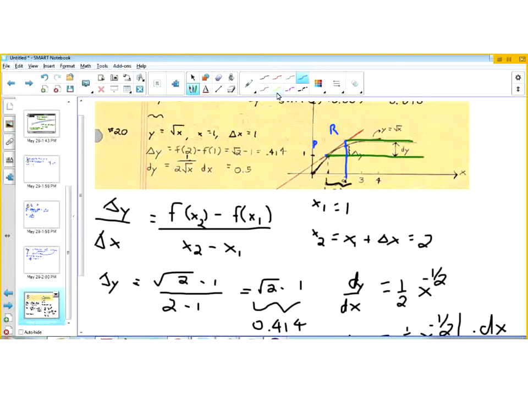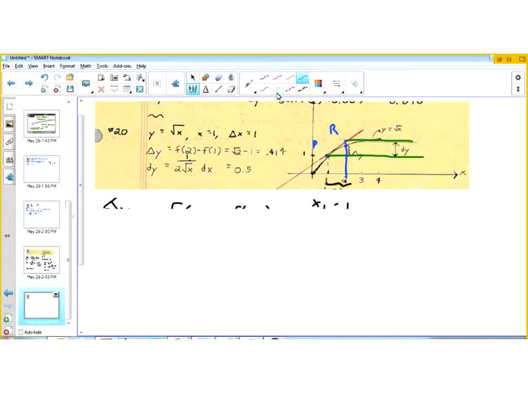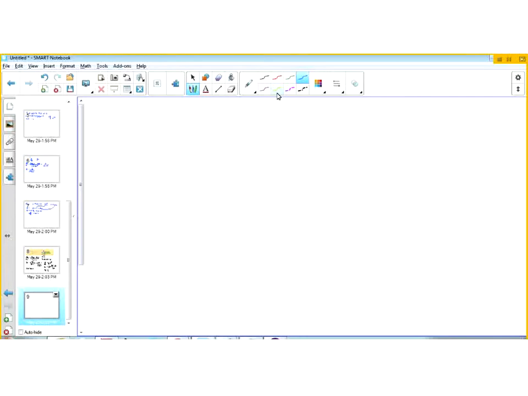Okay, how about we try, say, problem number 36. This is a useful application of differentials. Problem number 36 in the text. So let me see if that's the right one.